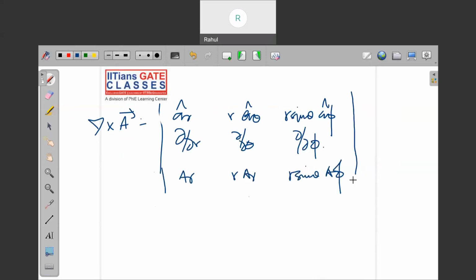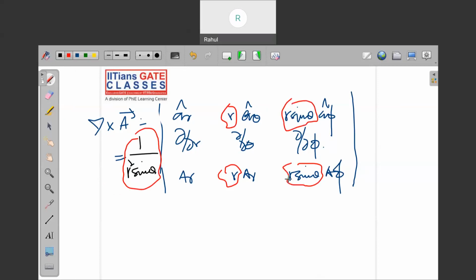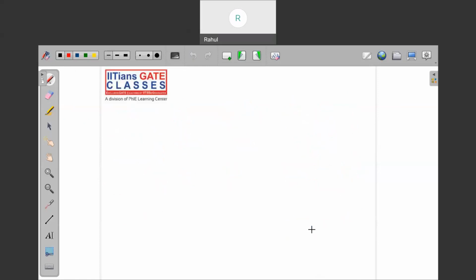Outside, you don't have to forget 1 by r squared sine theta. The point of caution is to keep these factors r and r sine theta. So this is important.